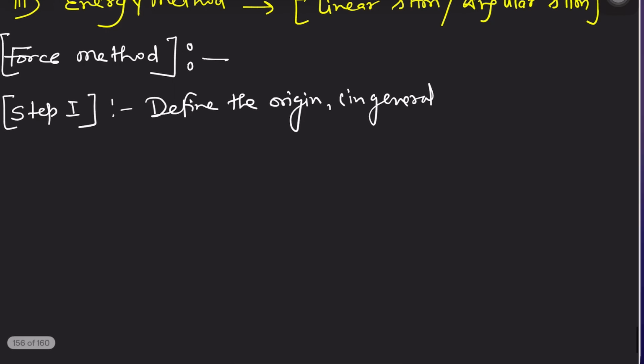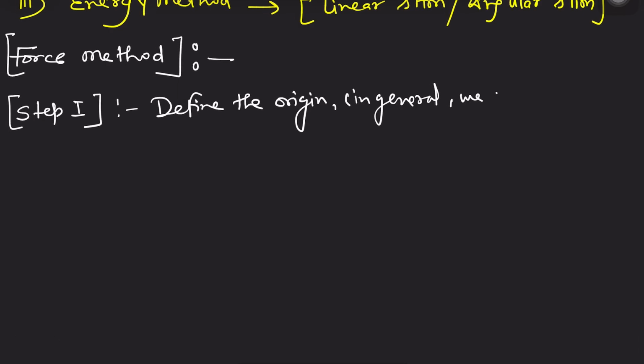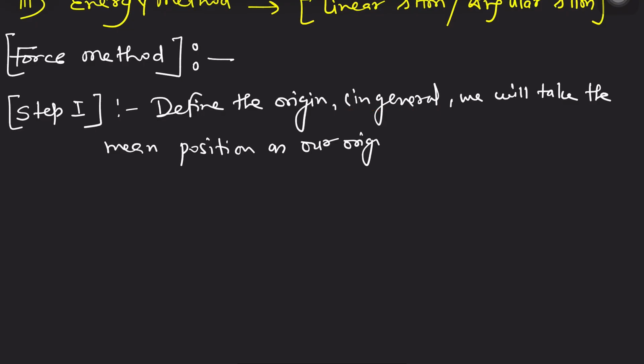In general, we will take the mean position as our origin. Okay guys, this is the thing that you have to keep in mind. The first thing that we have to define is the origin. So in general, wherever the body is in equilibrium, that position we will define as the origin.